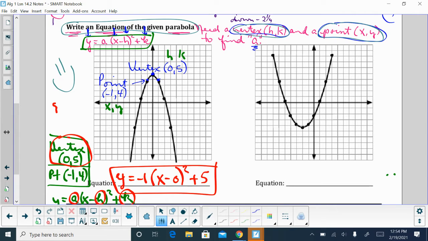So our graph is a little shifted, but what I'm going to work with, my vertex here is at -2, -4. So -2, -4. And I'm going to use, well, I got a couple points I can use.